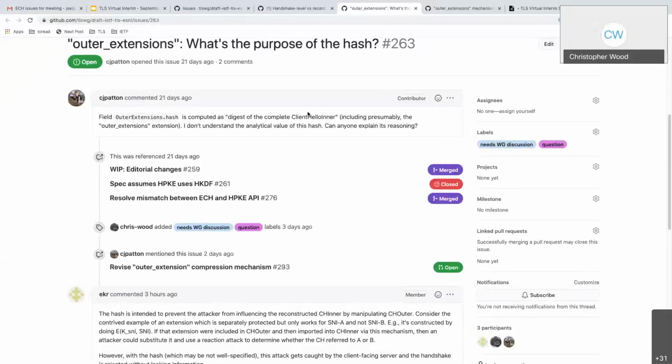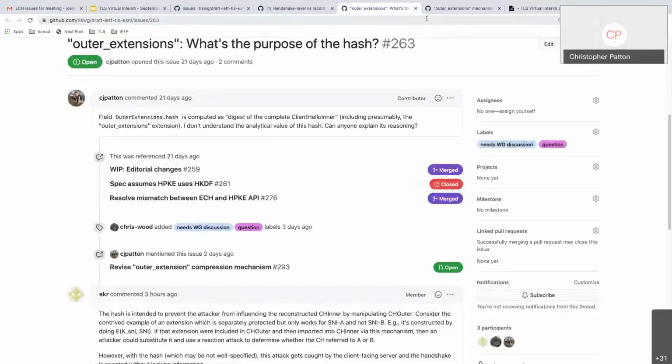Chris, do you want to elaborate? Yeah. From where I stand, it seems to be redundant, at least insofar as if the outer extensions are manipulated, it's going to change the client hello inner. The client and backend server aren't going to agree on that value, so that's basically just an active attack. That's what it amounts to.